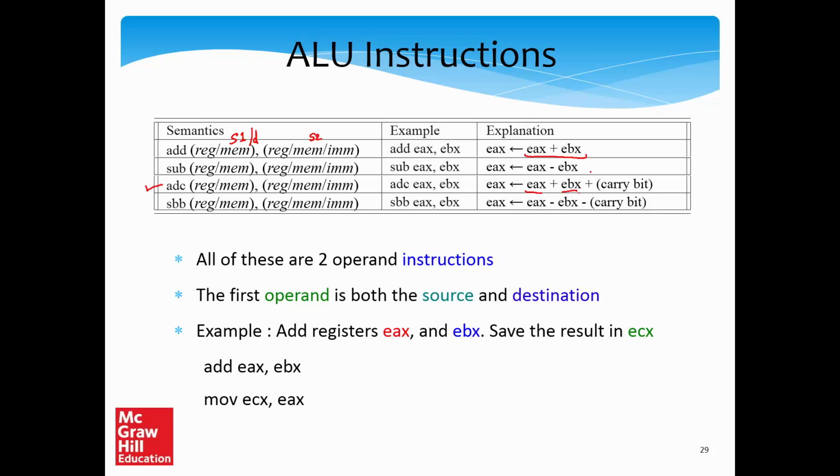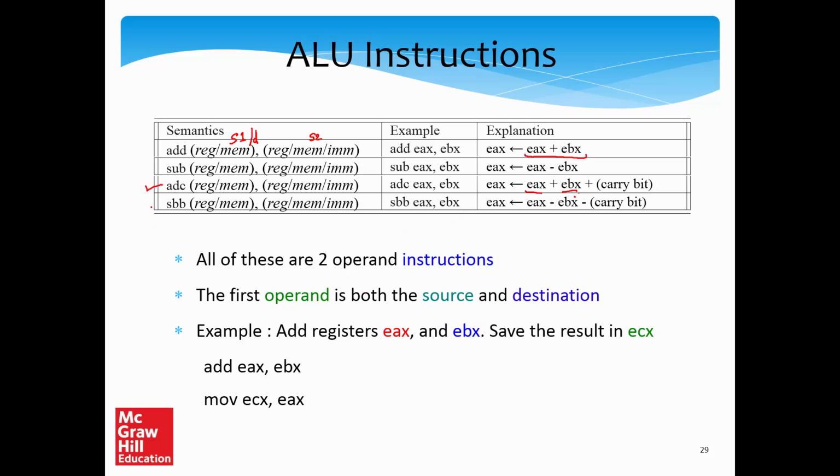So this is just to ensure that we can add very large numbers, even if they don't fit within a register. We can add two numbers or a single pair of numbers. Then the carry bit can be saved and it can be used in a future addition.